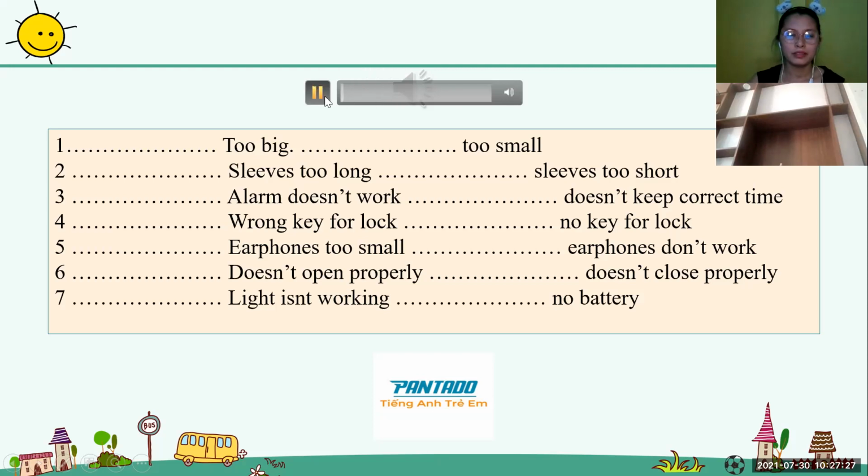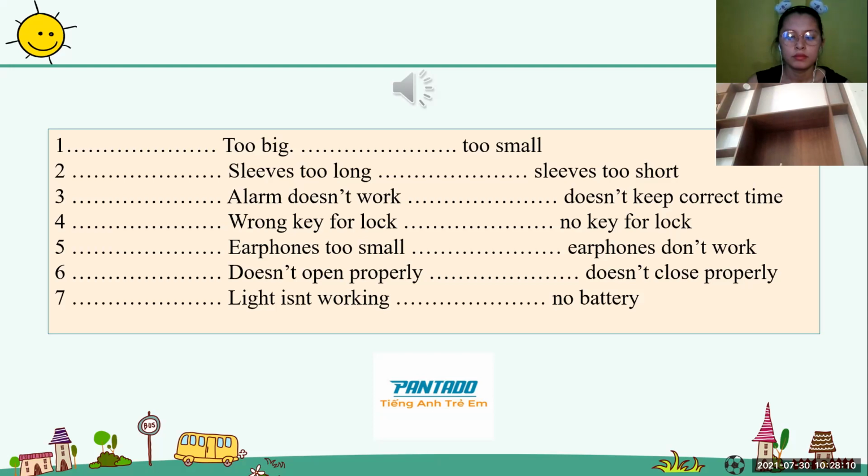Okay, I will play. Activity 5. I played already. Listen to people returning things to a department store. What's wrong with each item? Tick the best answer. 1. I'm afraid I'll have to change these shoes. I just can't get into them. Have you got a bigger size? 2. I'd like a sweater with longer sleeves. These are too short. 3. There's something wrong with this clock.